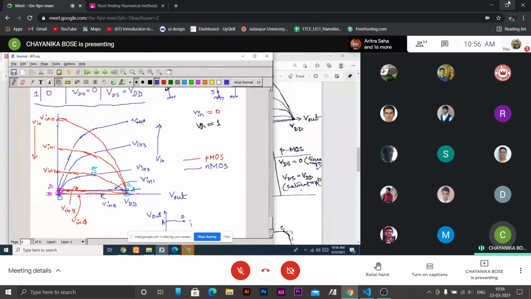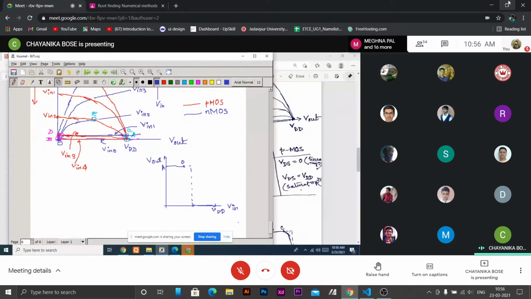So the x-axis itself is the red one. This is the characteristic for PMOS, and this is for V input of VDD gate voltage. This is the characteristic of NMOS. So again, it intersects at V out equal to 0. So this point.